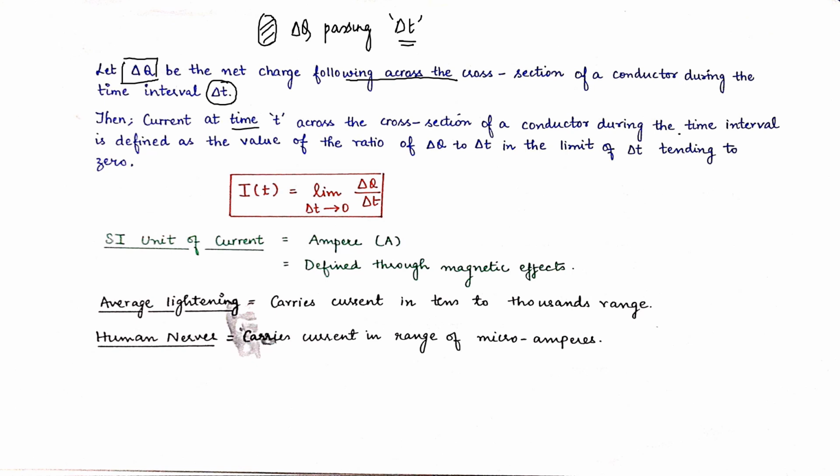Then the current at time t across the cross section of the conductor is defined as the value of the ratio of delta q to delta t in the limit of delta t tending to 0, given by the formula I(t) equals the limit as delta t tends to 0 of delta q upon delta t.